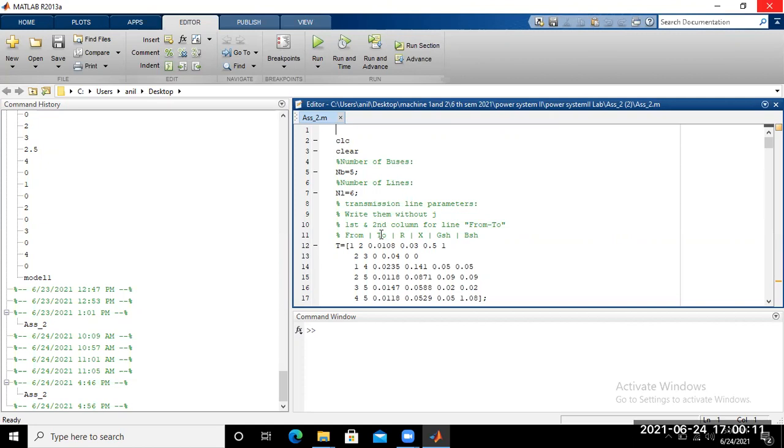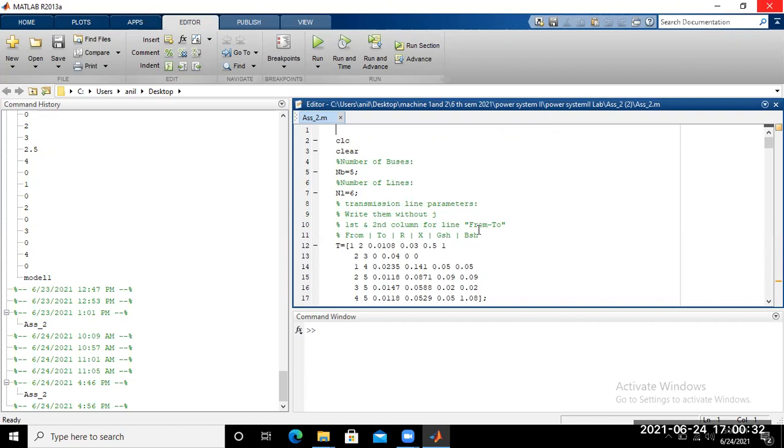So the first and second columns of the line data are for from and to, that means from which bus to which bus the connection is made, for example from bus number 1 to bus number 2.